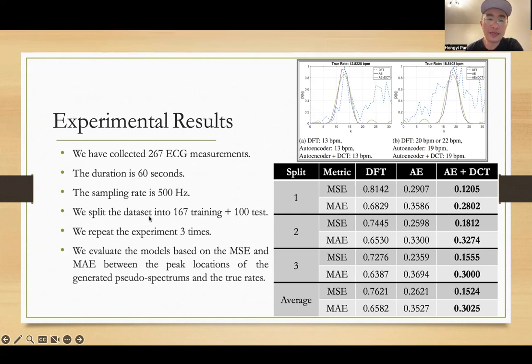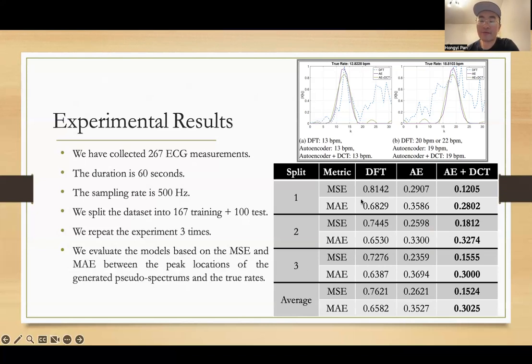We repeat the experiment because we apply a random split here. So we repeat it 3 times to get a better comparison. And we evaluated the model based on the MSE and MAE, which are between the estimated rate and the true respiration rate. The estimated rate is the peak location of the generated pseudo spectrums.